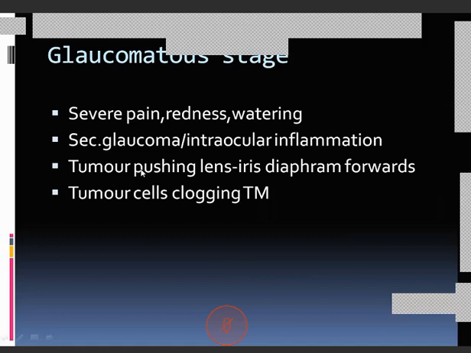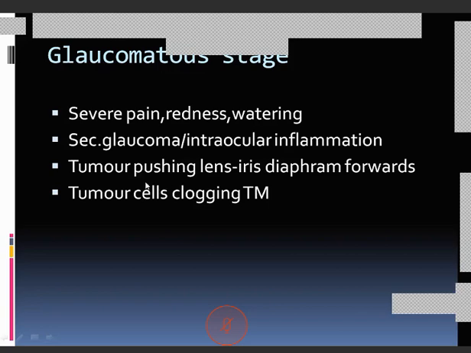Then coming to the glaucomatous stage. In the glaucomatous stage, the patient complains of severe pain, redness, and watering. There may be secondary glaucoma or intraocular inflammation. What are the causes for secondary glaucoma in retinoblastoma?